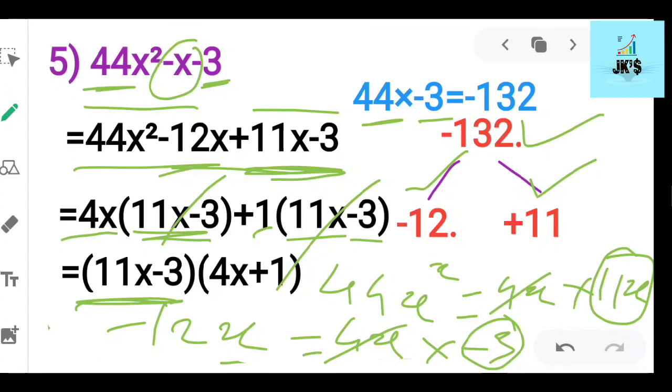In another bracket, 4x plus 1. In this way, the factors of the given quadratic trinomial 44x square minus x minus 3 are 11x minus 3 and 4x plus 1.